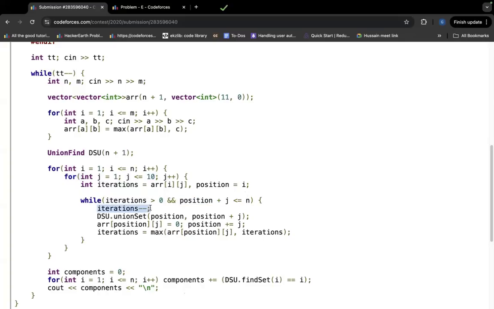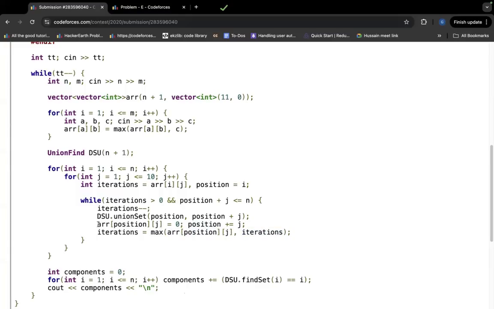We do iterations minus minus, basically we are hopping ahead. We make an edge between position and position plus j. After that, we set ARR of position j to 0 because we have already used this up. And we increment j to our position. After that, we just set iterations equal to max of ARR of position j, comma 0.